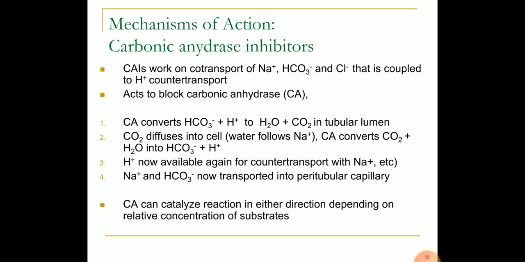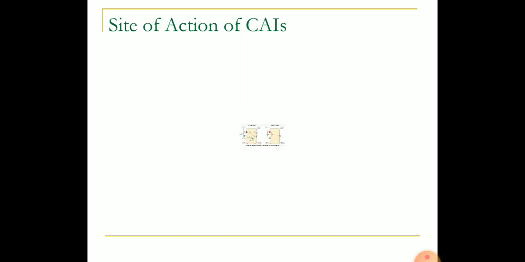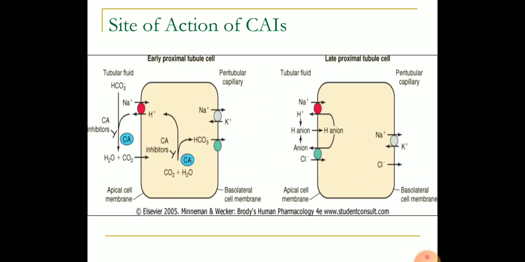So, carbonic anhydrase can catalyze the reaction in either direction. It depends on the relative concentration of the substances which direction it goes. The site of action of carbonic anhydrase is primarily the proximal tubule. So, these things are being demonstrated here. Whatever I said in the previous slide is demonstrated: it is working in the cell as well as in the lumen.